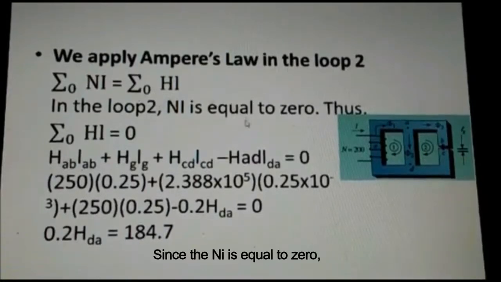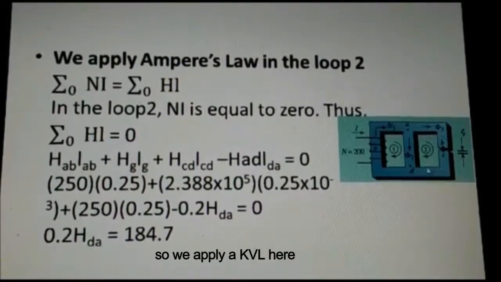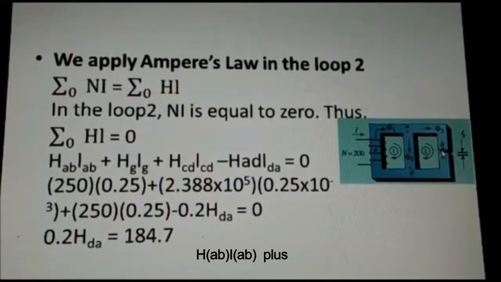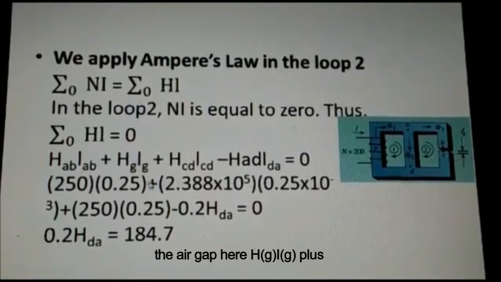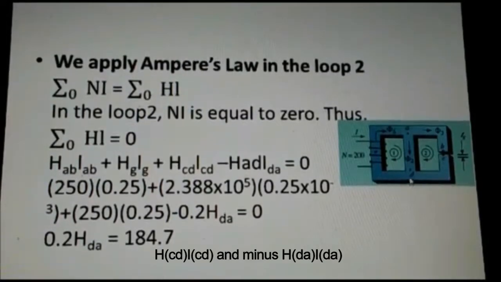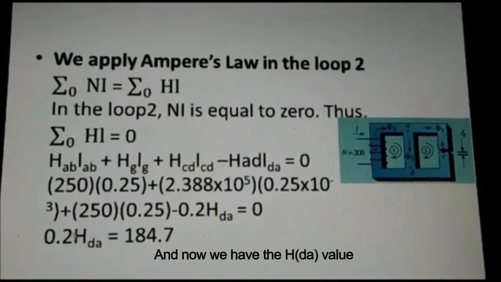Since Ni is equal to 0, we apply KVL here: HAB lAB plus the air gap HgLg plus HCD lCD minus HDA lDA is equal to 0. And now we have the HDA value.